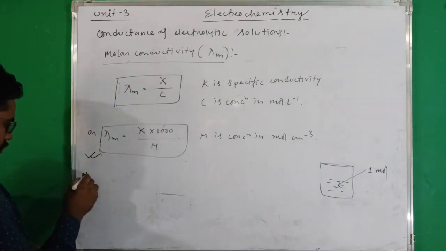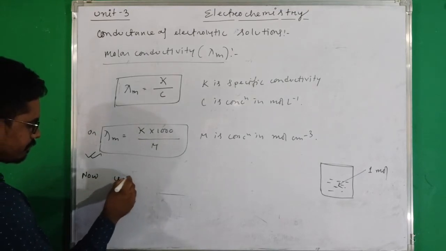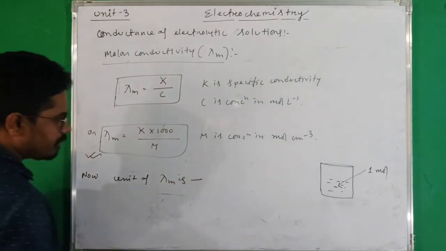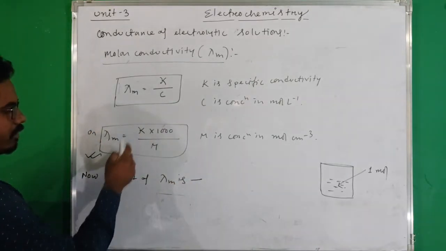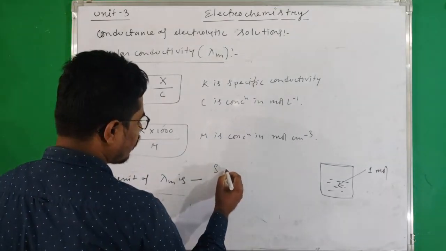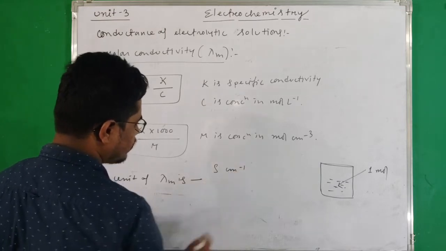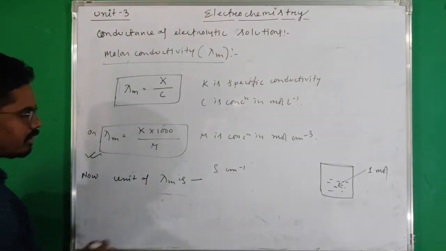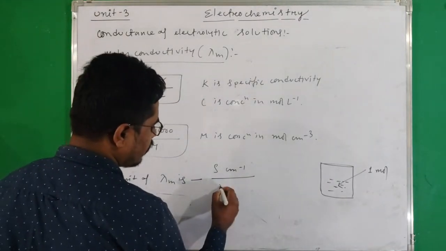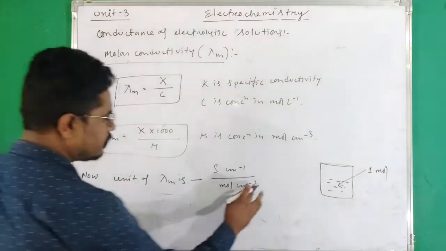Now the unit of lambda m. To determine the unit we have seen that the unit of kappa is Siemen per centimeter, and in case of m the unit is mole per centimeter cube.